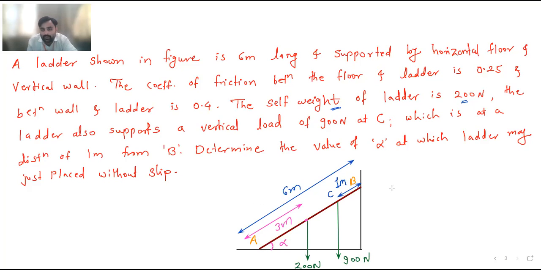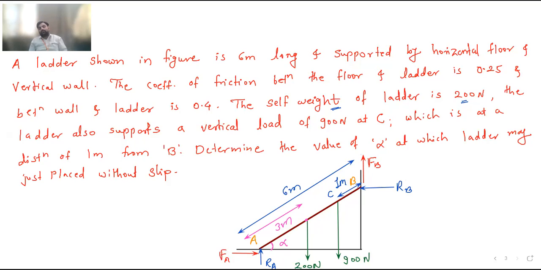This is the horizontal reaction, here it is the vertical reaction. This is RA and RB. Similarly, we can show FB and FA.